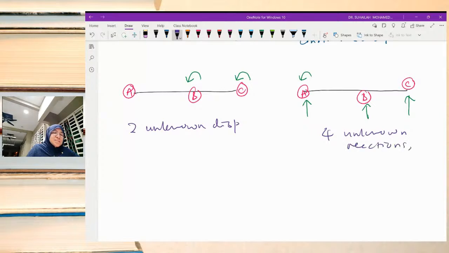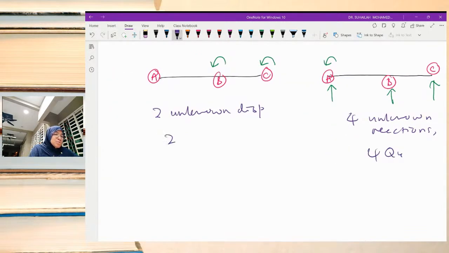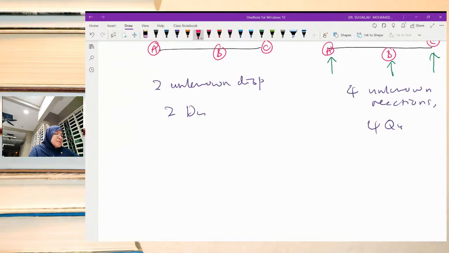We label as 4 QU, and this is 2 DU. So the DU will be D1 and D2. D1 and D2 is the first outcome. When we solve the stiffness equation for the unknown displacements, we will solve for D1 and D2.